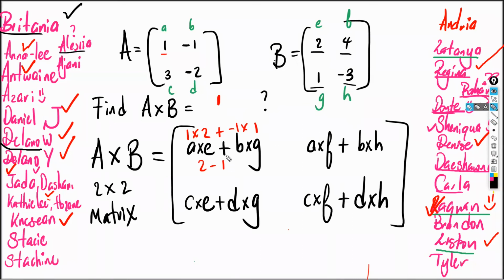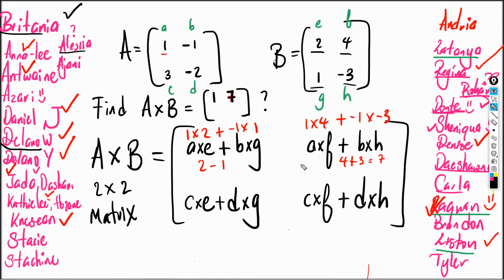The next one is A times F, which is 1 times 4, plus B times H, which is -1 times -3. -1 times -3 gives +3, so 4 plus 3 is equal to 7. So this is going to be 1, 7.